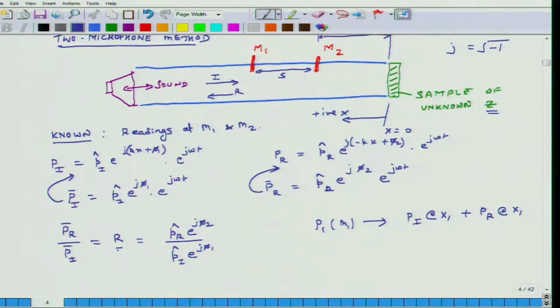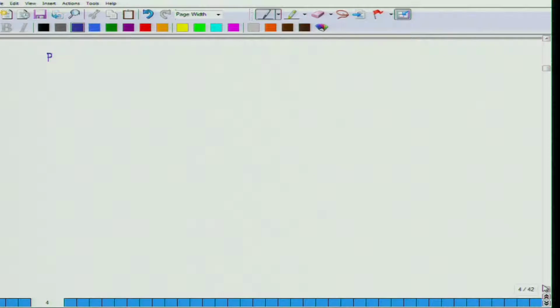So I will just write down these relations. P1, which is calculated at location x1 and time t, is equal to Pi, which depends on x1, plus Pr calculated at location x1, and Pi is dependent on x and time.